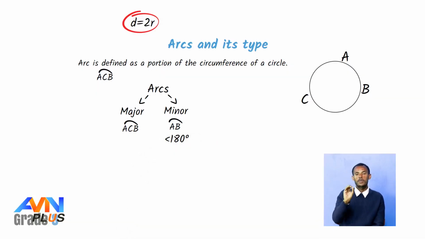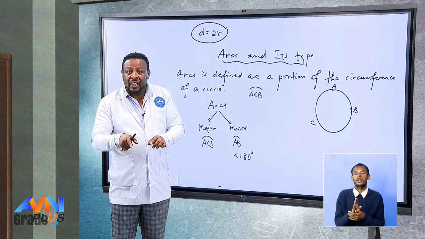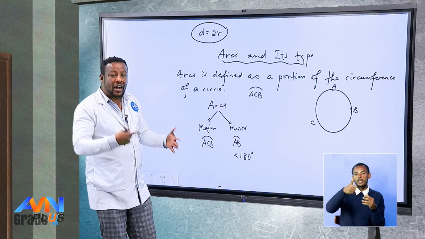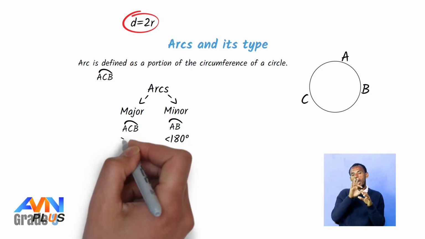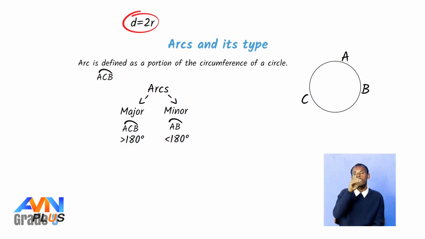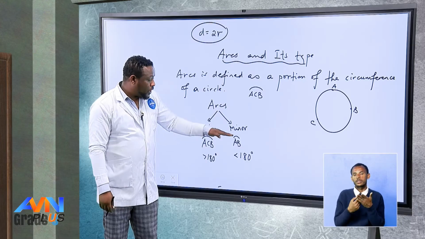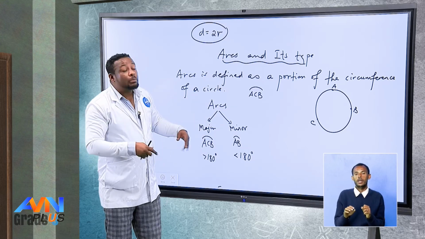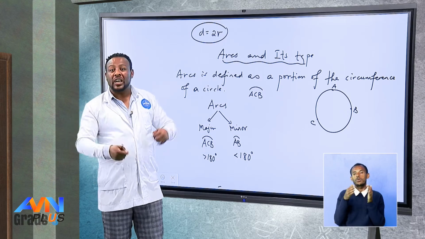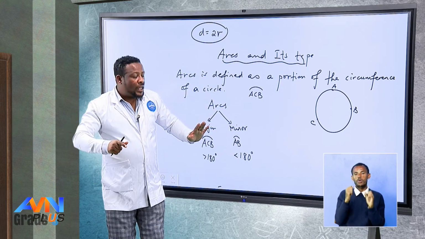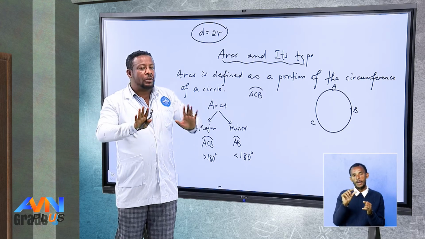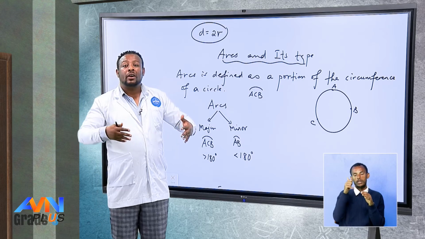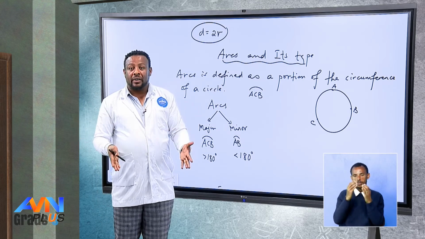That means it should be an arc less than a semicircle, and a major arc is an arc whose degree measure is greater than 180 degrees. In terms of figure, you can use this arc notation and ABC, something like that. So this is also another common way of classifying arcs, right?